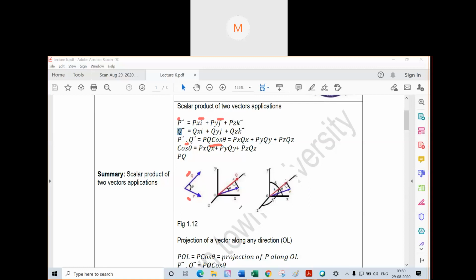Similarly, we have distributed Q into three parts, that means in three dimensions: Qx i, Qy j, and Qz k. Now if we have to find P dot Q, P dot Q is PQ cos theta, and cos theta is given by this expression.